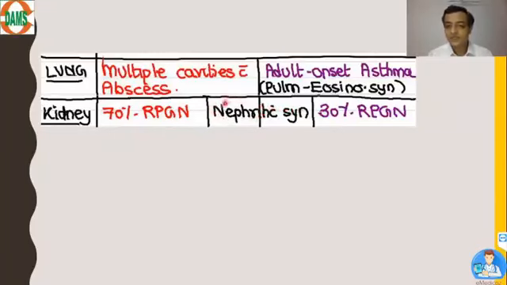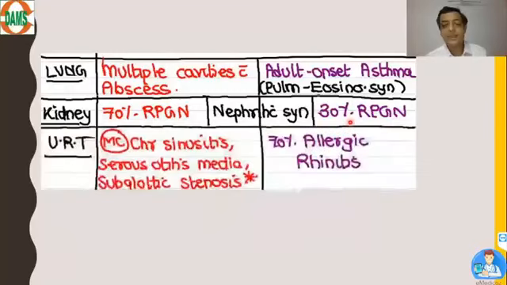Both of them can present as nephritic syndrome. 70% risk of RPGN is present in Wegener, and 30% risk of RPGN is present in Churg-Strauss. So lung and kidney manifestations are there in both, and that is why they mimic Goodpasture syndrome. But what is different? Other organ involvement.